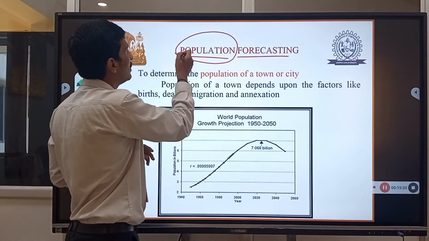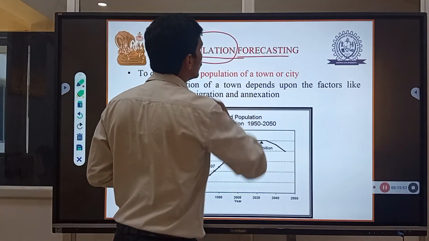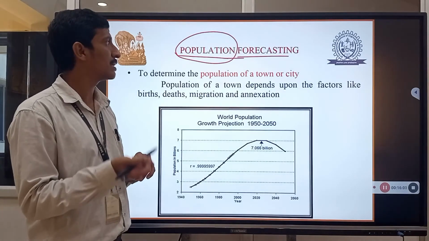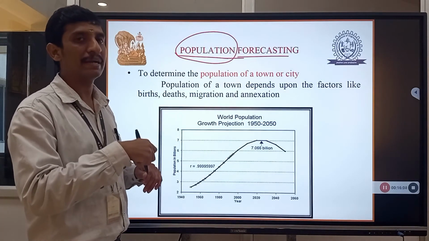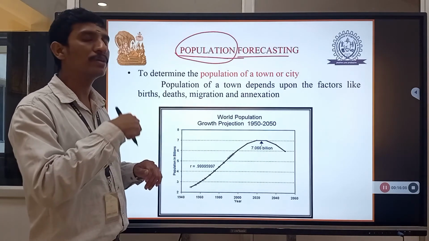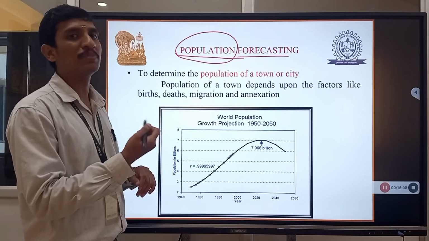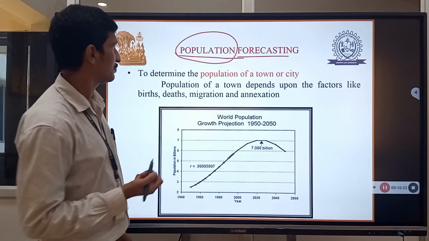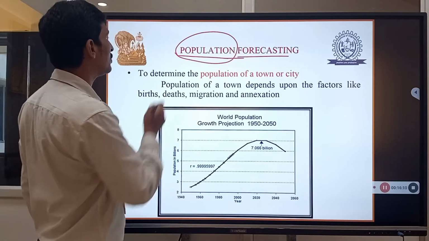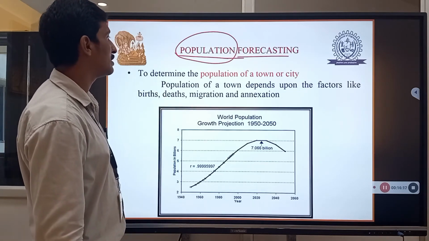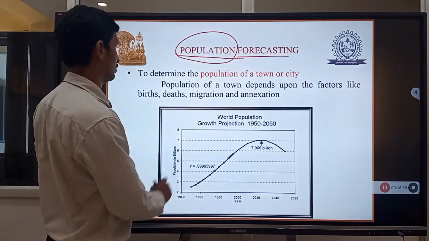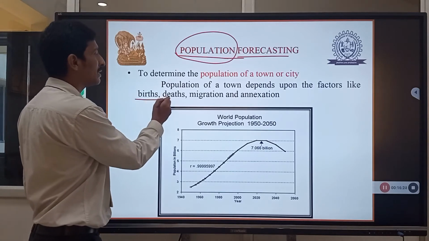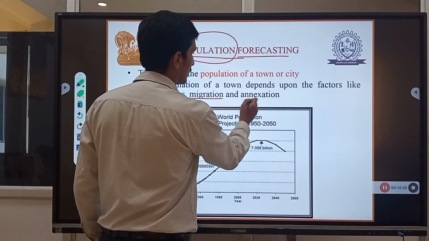So we go for population forecasting to calculate the number of people increased in the forthcoming years. Then only we can know the future requirement of water, and then plan the hydraulic structure. The population of a town depends upon factors like birth, death, migration, and annexation.